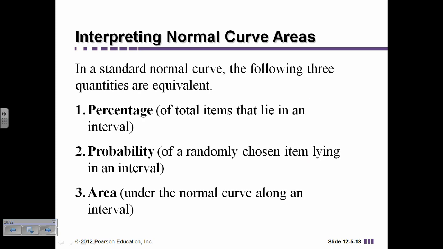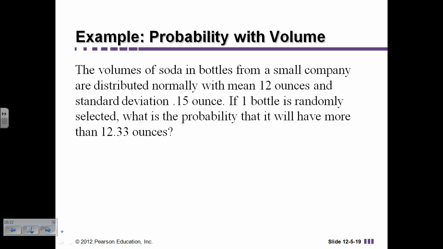Okay, so when we're looking at standard normal curves, we can think of these as percentages, or the probability that it's happening, or the area. And the standard normal curve is giving us all of this information. So let's look at an example that involves that chart. That's a realistic problem. So we're talking about the volume of sodas in bottles from a small company.